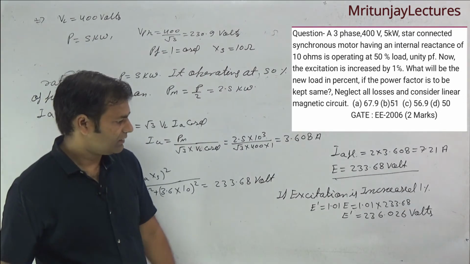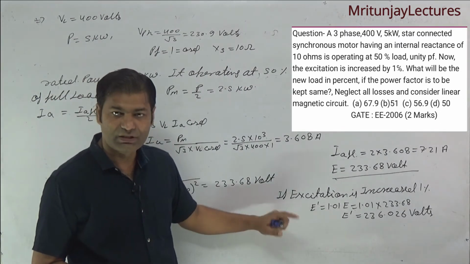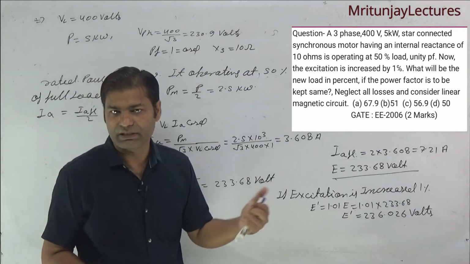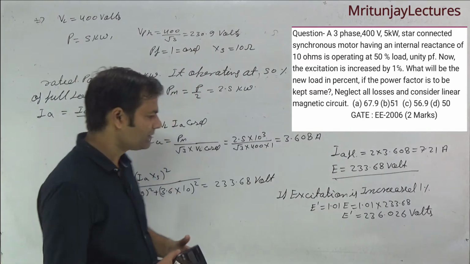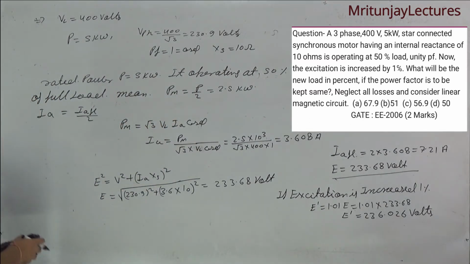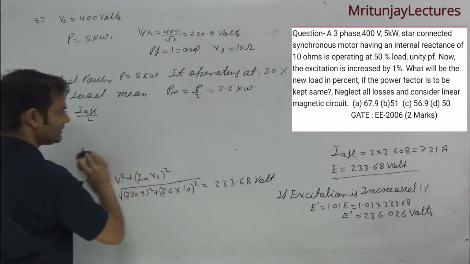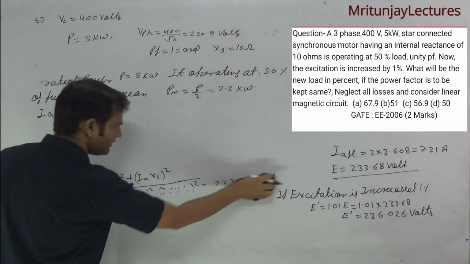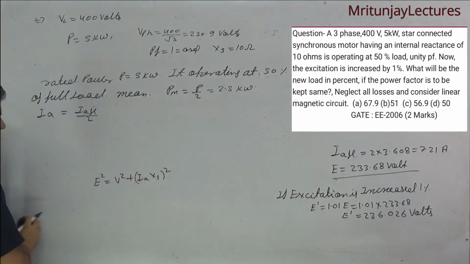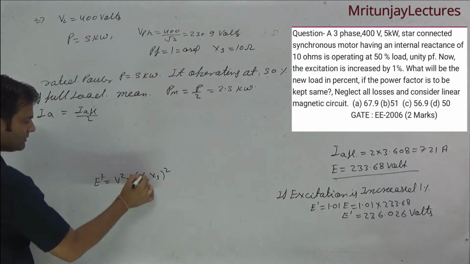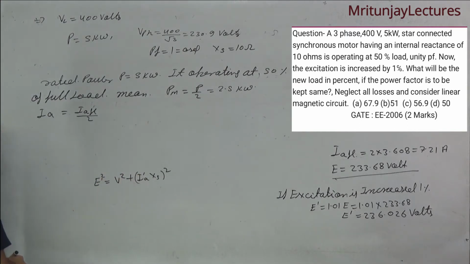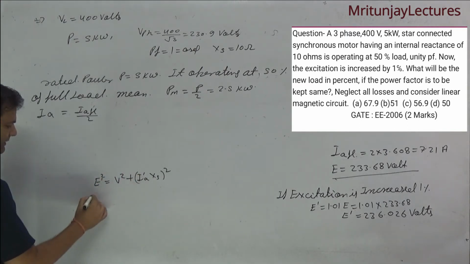If the excitation voltage is this, then what about the current? At the same power factor, this formula is applied again with E dash and IA dash. So our motto is to determine IA dash.